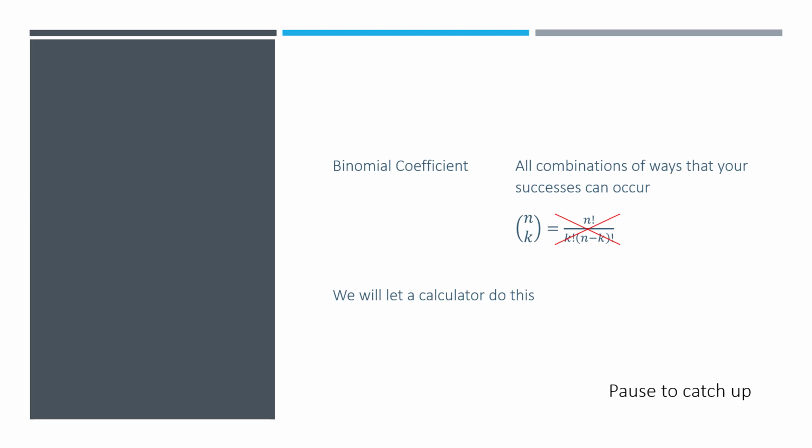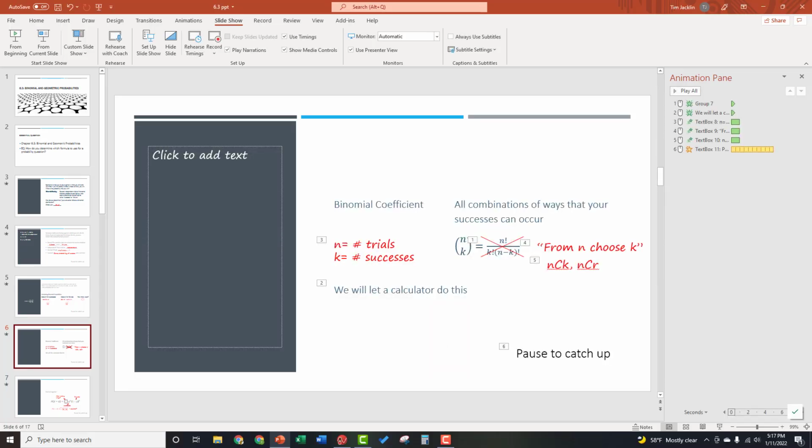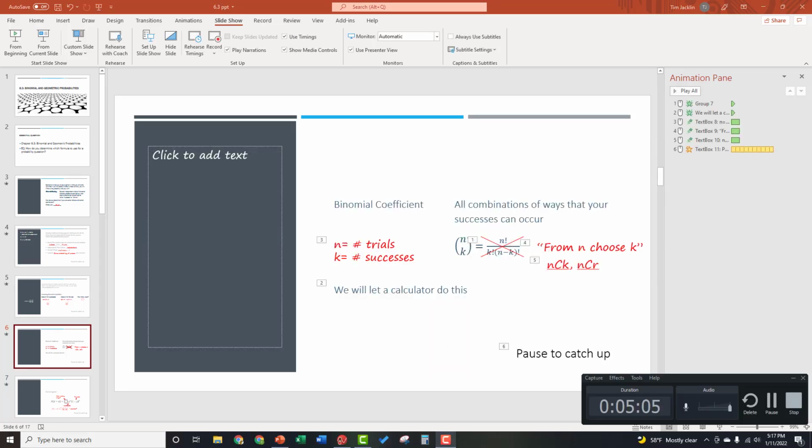What is important for you is to know that this is a combinations calculation, where n represents the number of trials, k represents the number of successes, and you read it as n choose k. Now, you can find this in your calculator, possibly listed as either nCk or nCr. So let's actually switch over to a calculator now and see what this is going to look like.